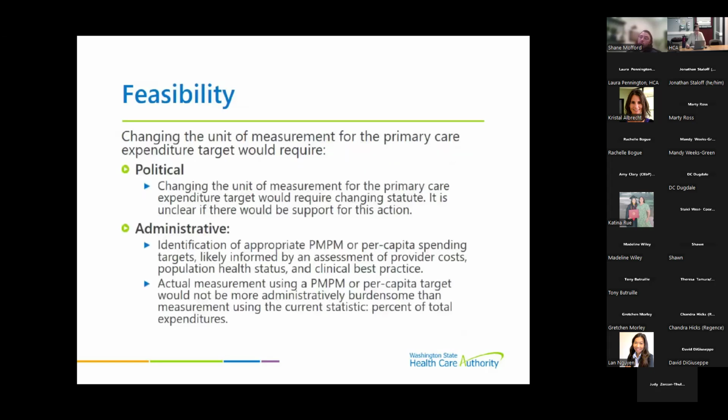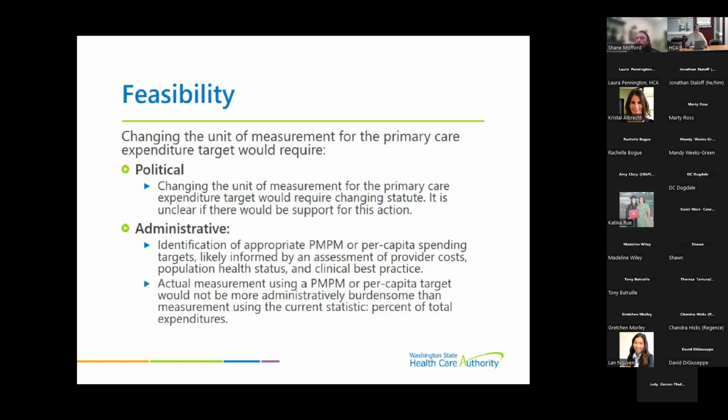Feasibility. This is potentially another reason why this might be a little bit of a longer term recommendation, but if you were to try and change the unit of measurement for the primary care expenditure target, politically, I think we're all here because there was a legislative mandate that codifies the current statistic for primary care expenditures. Changing statute to accommodate this, it's unclear if there would be support.